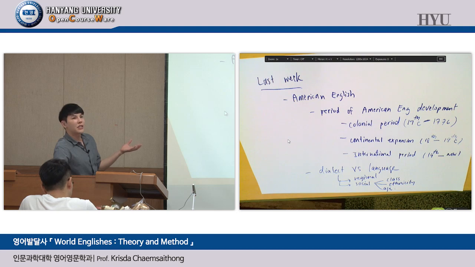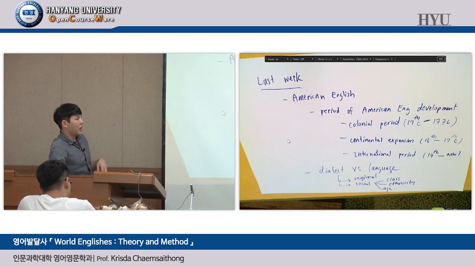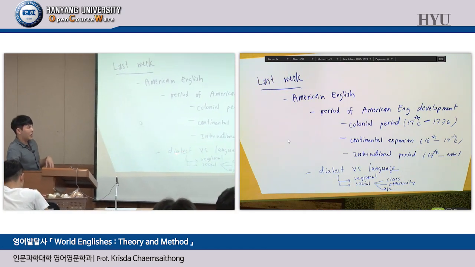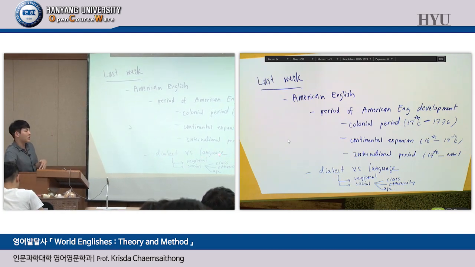And we have influx of other European settlers in this period. And in the international period, we have seen influx of immigrants from all over the world, and you come into contact with many, many languages. So that's the history.